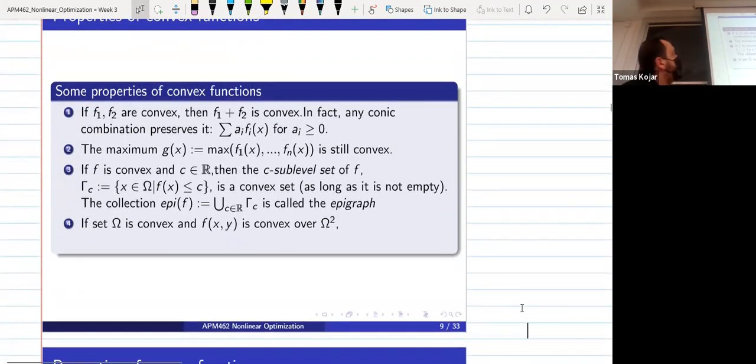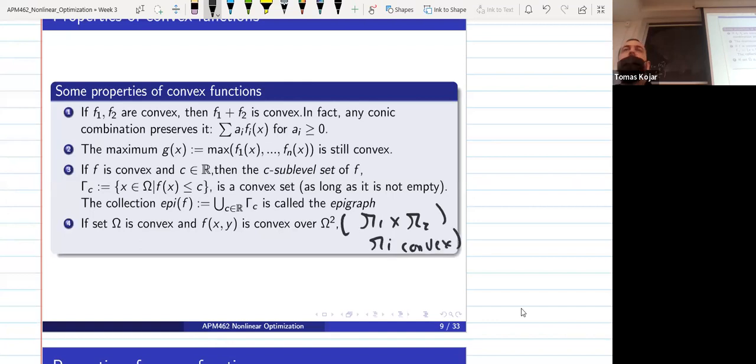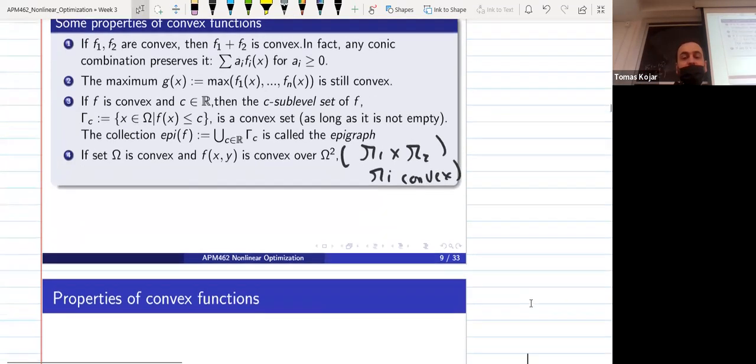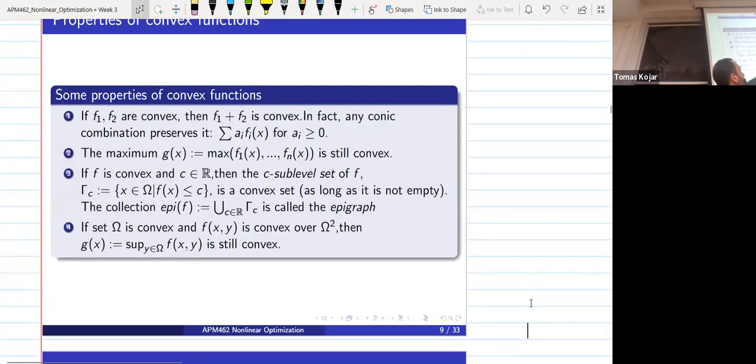And finally, a very nice result, which we care about. If the set omega is convex and your function is convex in omega, it doesn't have to be omega squared, you just need both to be convex. So in case you come back later, this can be omega 1, omega 2. But they both have to be convex. If you have this and you take a supremum over one of the components, this function is still convex. If you remember a little bit from a few weeks ago, this is how our optimization problems look like.